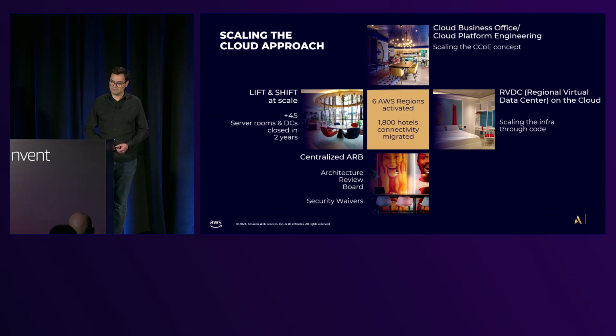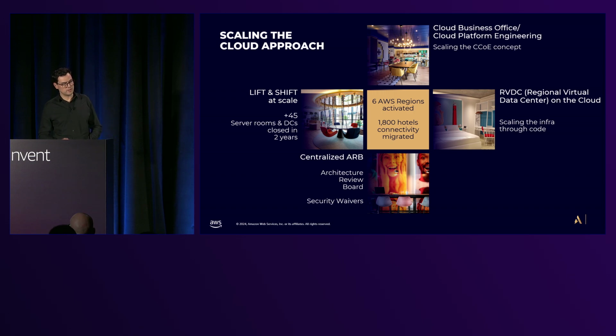We created 6 new regions in a few months: Paris, Bahrain, Singapore, Sydney, Sao Paulo, and Ohio. And we gave the same shared services with a kind of hybrid version to be able to continue to work with the current technology in hotels and to be prepared to work on cloud.